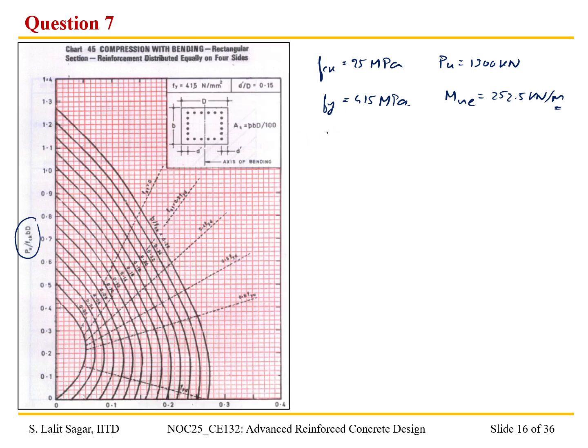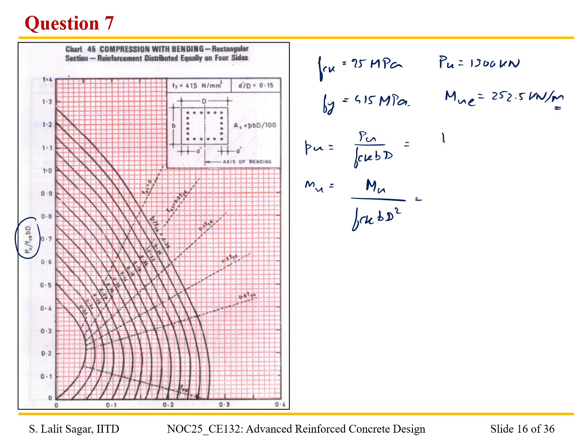Let us find out those values. They can be expressed as small pu and small mu, that is pu by fck bD, and mu is capital Mu divided by fck bD square.